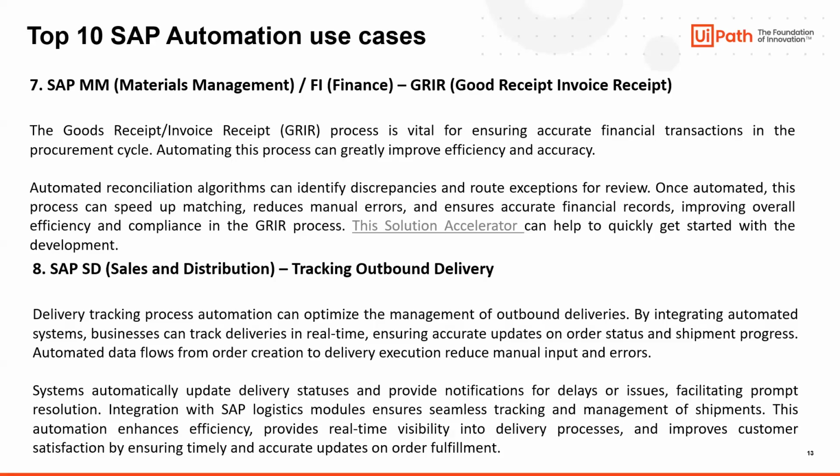This really helps to keep track of the shipments, and we can use APIs to make it more robust from the SAP side as well as from the logistics side. And this saves a lot of time since there are a lot of standard processes which are available. So it is one of the use cases which can save a lot of time and improve customer satisfaction as well.